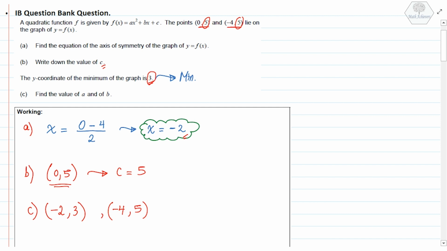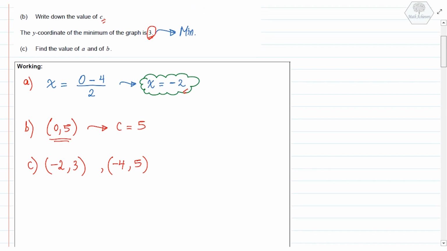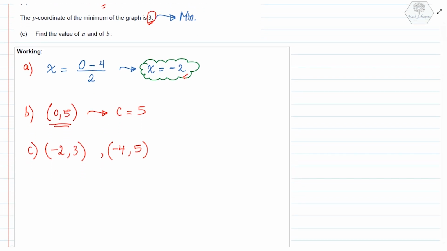So we need to use these points in order to find the value of a and the value of b. Since there are two unknowns, I need to form two equations. So I use the first point to form my first equation and the second point to form my second equation.